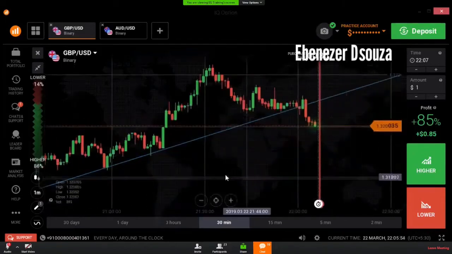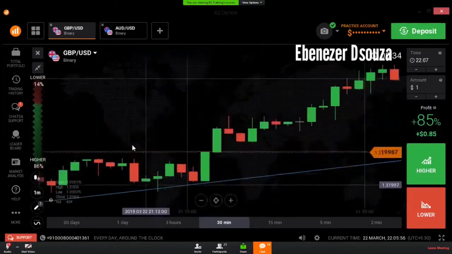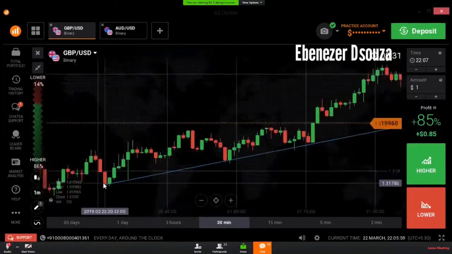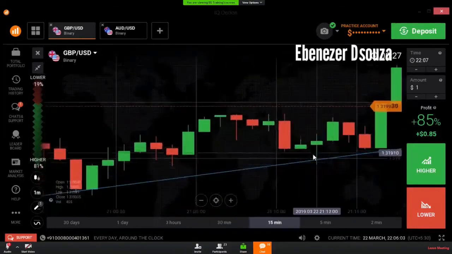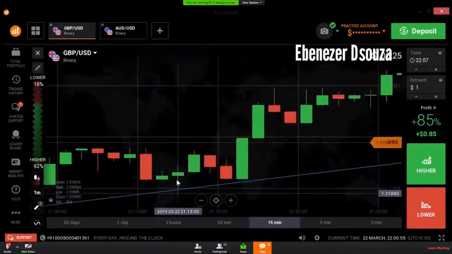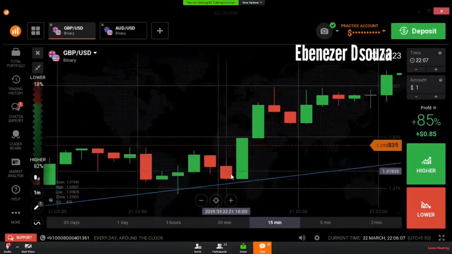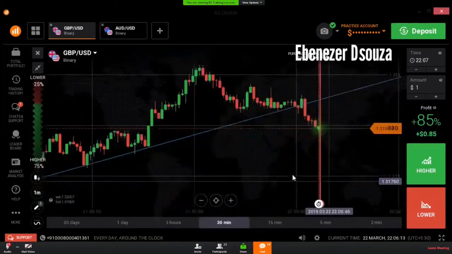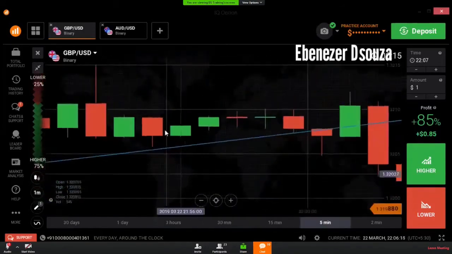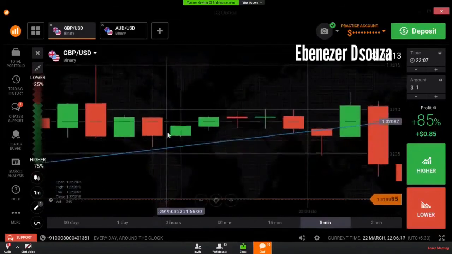If the market comes to this level, okay, already it reversed. First buyer's entry point, second buyer's entry point. This is a third buyer's entry point. Again, we are seeing a rejection buyer's entry point. Again, we are seeing a buyer's entry point from the same level, near to this level. There is a buyer's entry point, but far from the level.